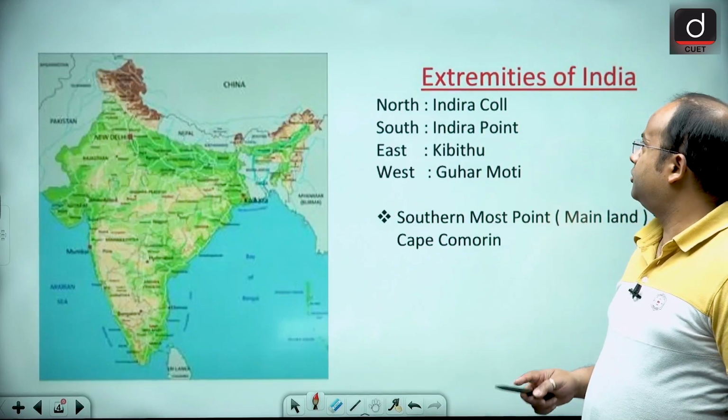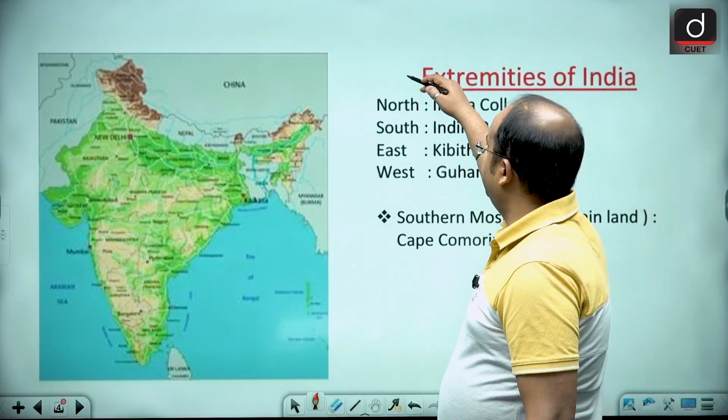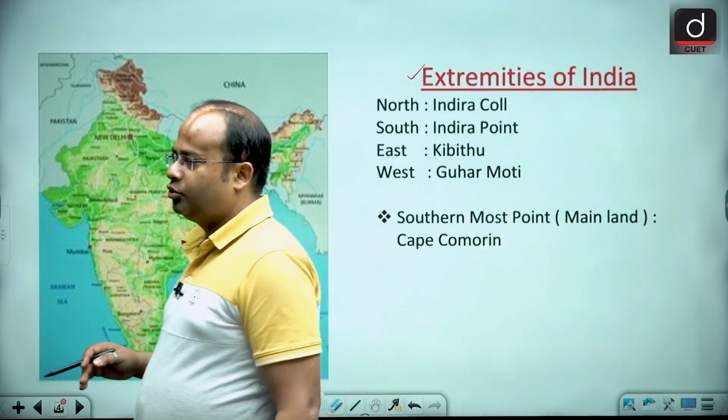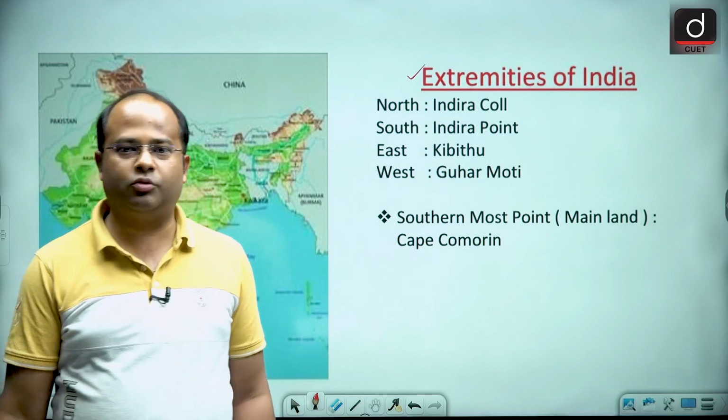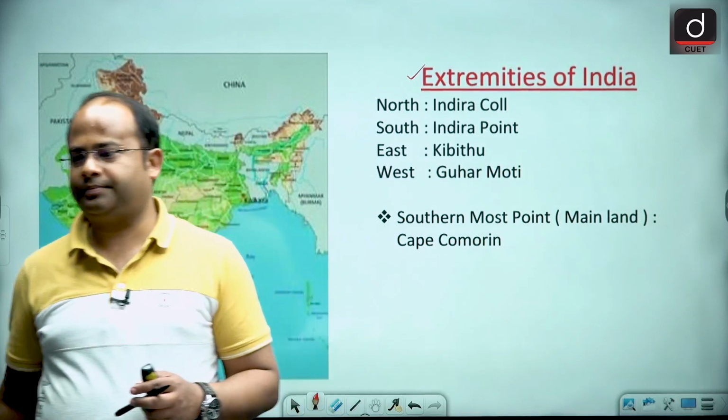Now guys, let's come to the extremities of India. Extremities means the extreme points of India: the northernmost point, southernmost point, easternmost point and westernmost point.